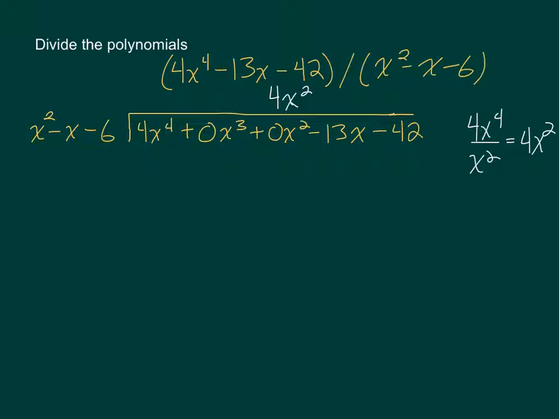And then we do the same exact thing that we did in the previous example: we take this part of our quotient and distribute it to the x squared, the x, and the 6. 4x squared times x squared gives you 4x to the fourth. 4x squared times negative x is negative 4x cubed. 4x squared times negative 6 is negative 24x squared.